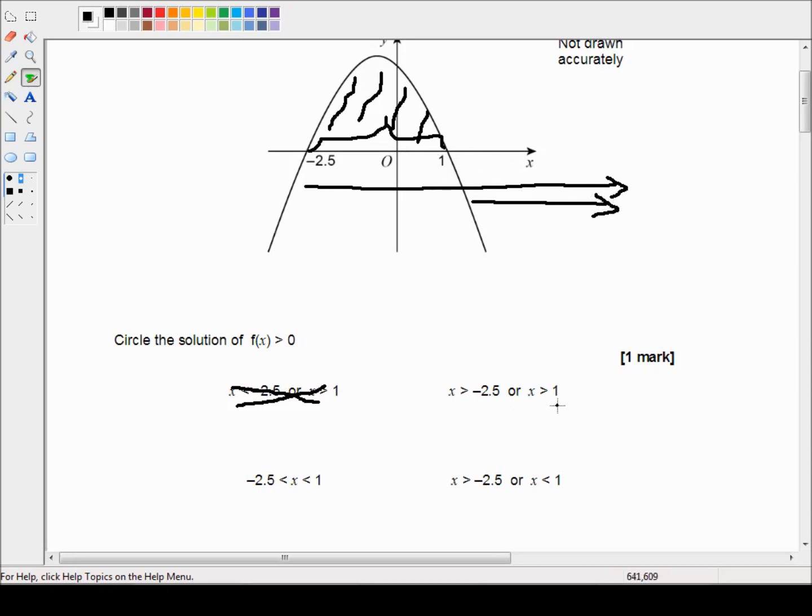So that or x greater than 1 is redundant because x greater than negative 2.5 covers that. So this is also incorrect.